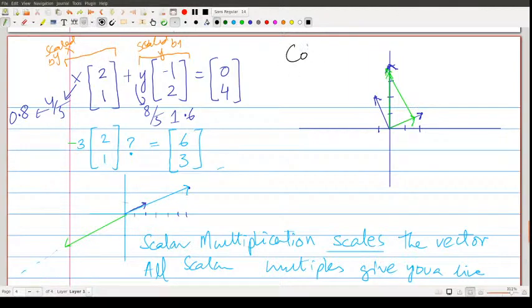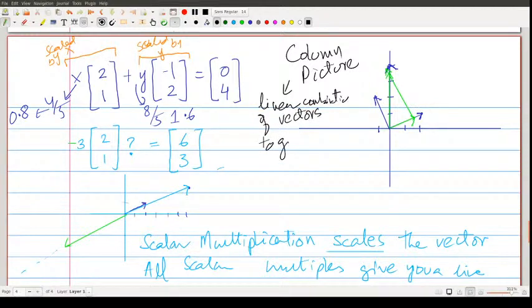So column picture. What I want, in other words, is a linear combination of vectors to give me the right hand side vector.